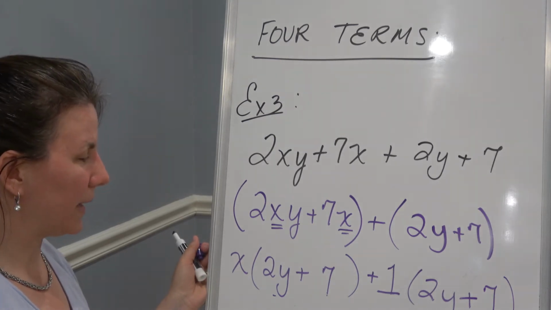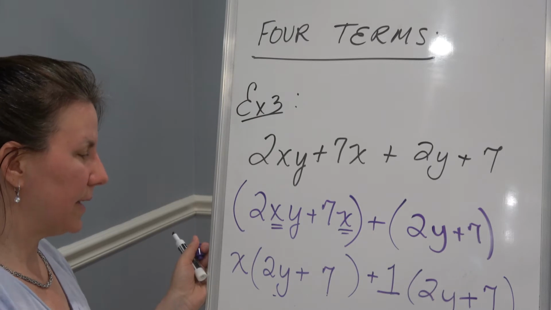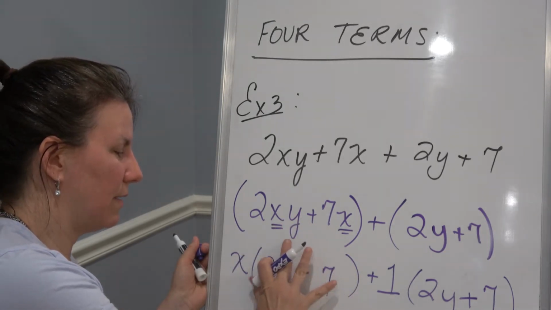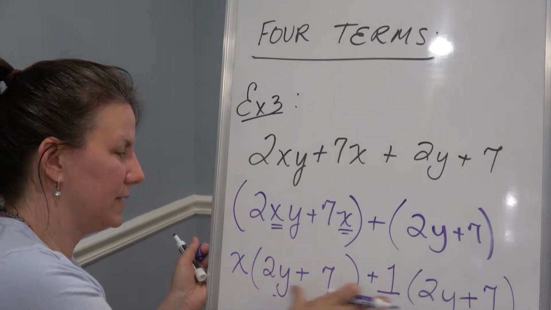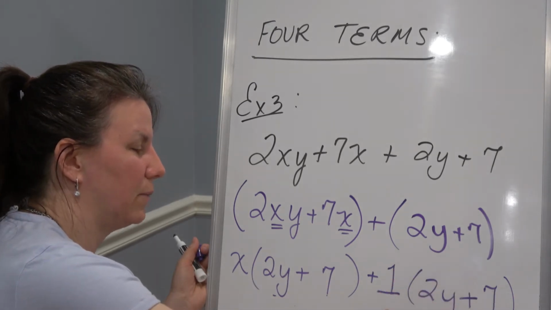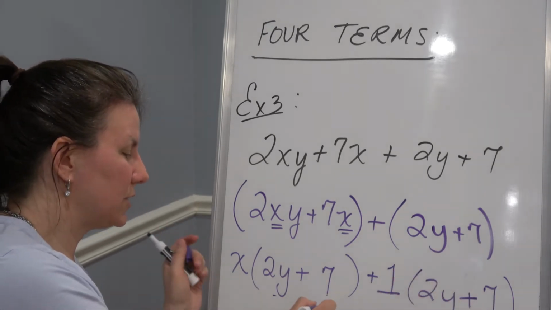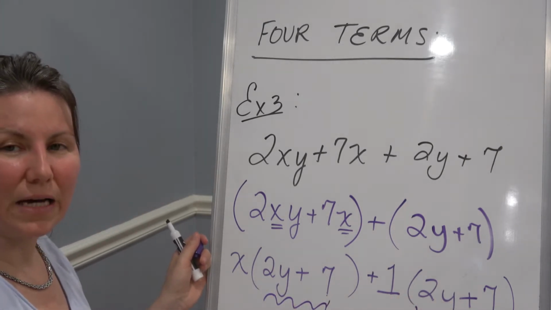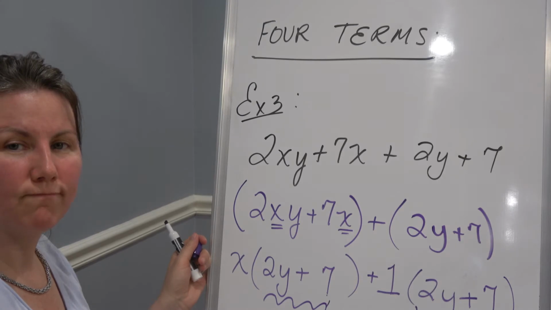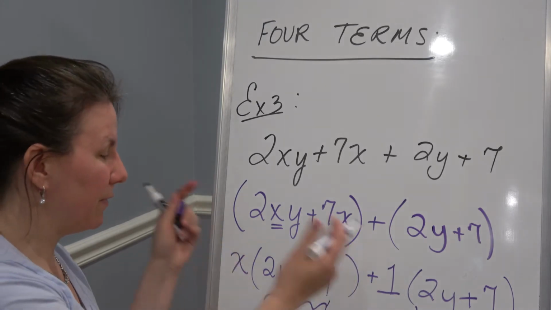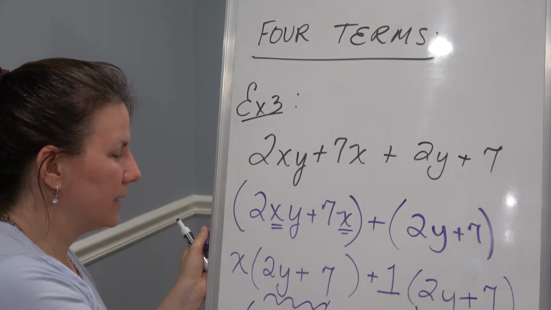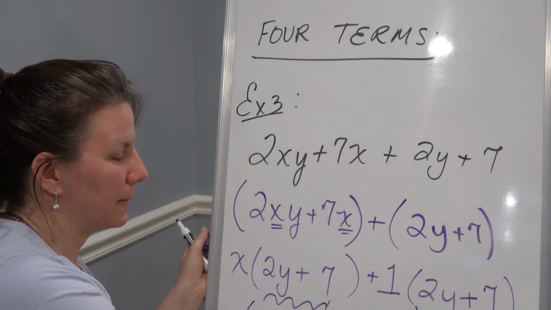Now at this point, when I look at this, this is a factor of this, and it's a factor of the second part. So you can actually take this binomial out as a common factor. Right, so if I pull that out in front, I'm going to get 2y plus 7 times x plus 1.